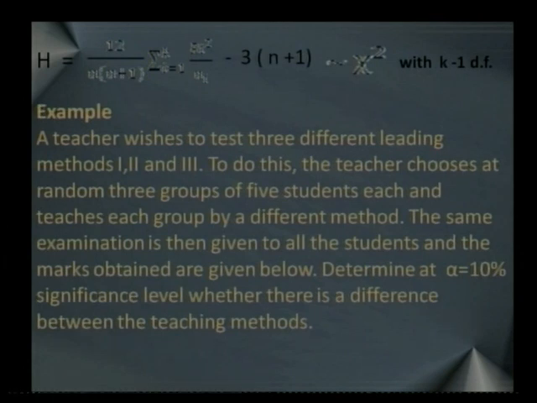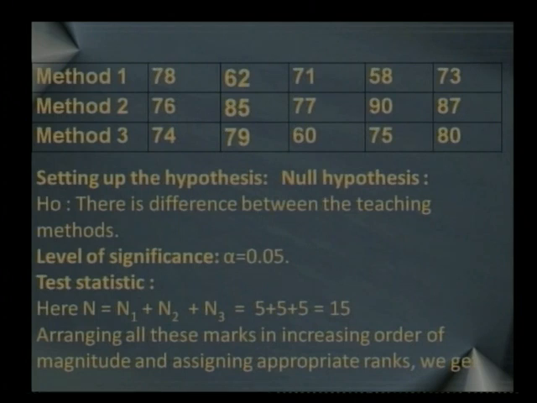The data is given here: for method 1, the marks obtained by the students are these, and applying method 2, the marks obtained by the students are these, and so on. Again, set up the null hypothesis: H0 is that there is no difference between the teaching methods. For the level of significance, let us take 5%. Then for the test statistic, n is equal to n1 plus n2 plus n3.